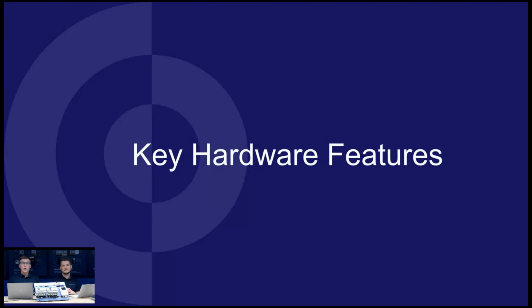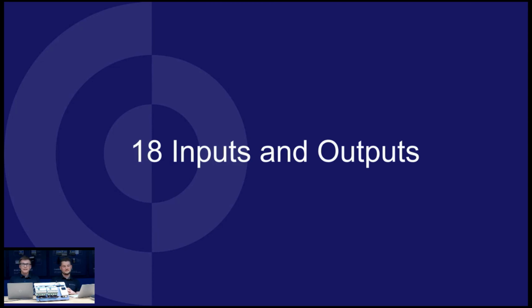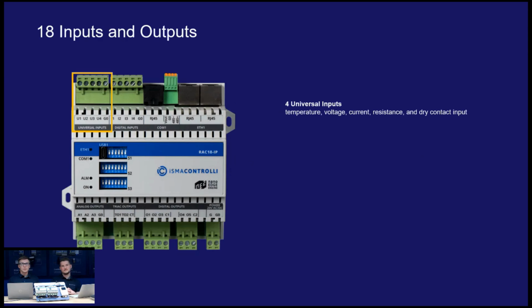And let's go through all the key hardware features which make the device so flexible. We've got 18 inputs and outputs on board. For the universal inputs: temperature, voltage, current, resistance, and they can also work as a dry contact input.